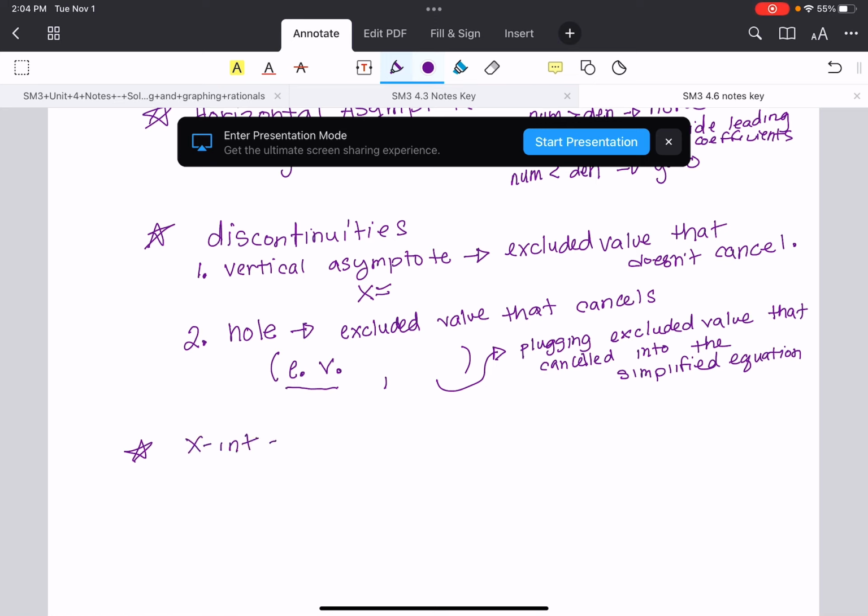X-intercept. You set the numerator equal to 0. So it needs to be factored, and then you need to set each of those factors equal to 0.